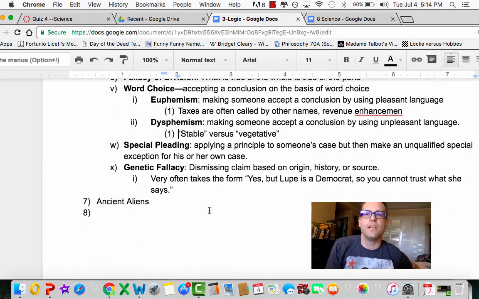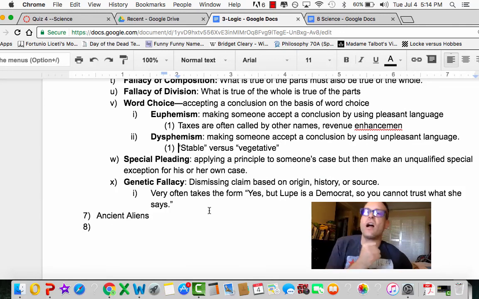Okay, special pleading, we're not going to have quiz examples of that, but it's when you apply a principle to someone's case, but then you exclude your own, you make a special exception for this case. So this is sometimes called the no true Scotsman. It's when you say, oh, you know, Scotsmen don't play baseball. It's just not something that the Scots will do, right? The Scottish people.